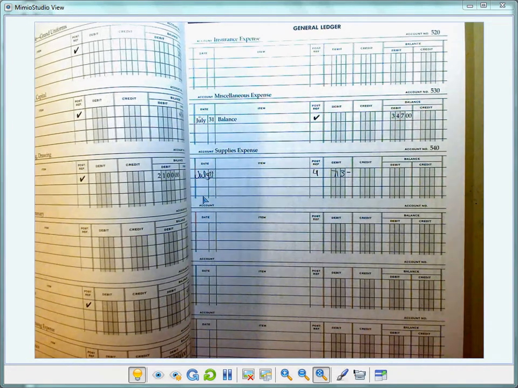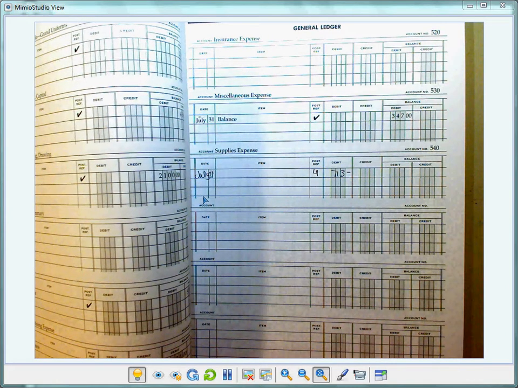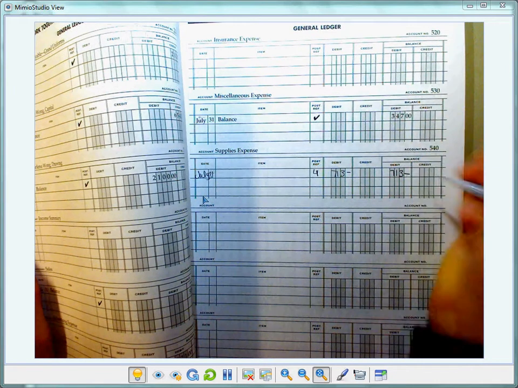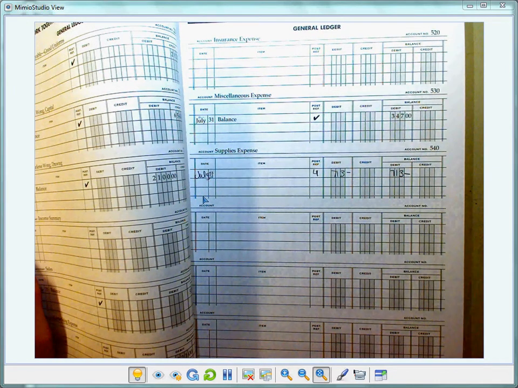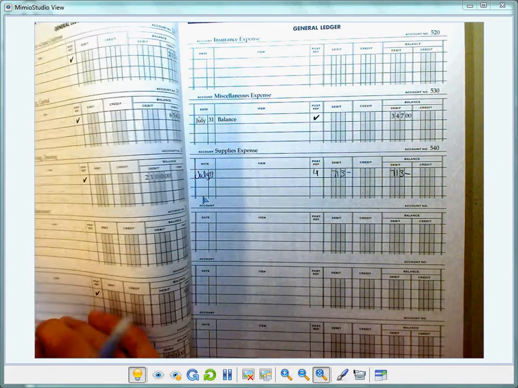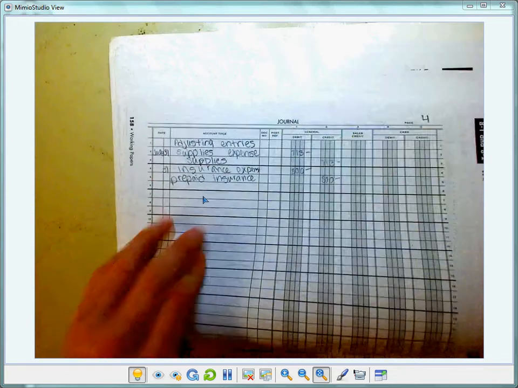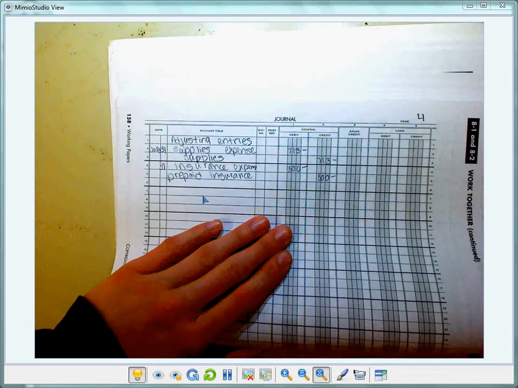And it is a debit of $713. And so our balance is what? It's a debit or credit? Okay, debit, $713. Then you have to go back to page 158 and put our post reference there by supplies expense.